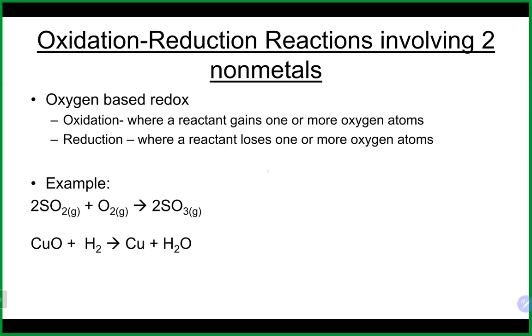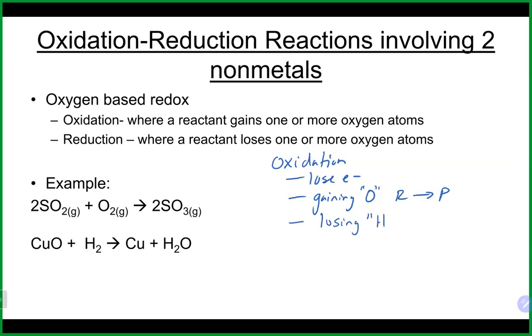So as we just saw there, oxidation, one definition is the loss of electrons. Another definition is gaining oxygen as you go from reactants to products in a reaction. Another definition of oxidation is losing hydrogen as you go from reactants to products in a reaction or equation.